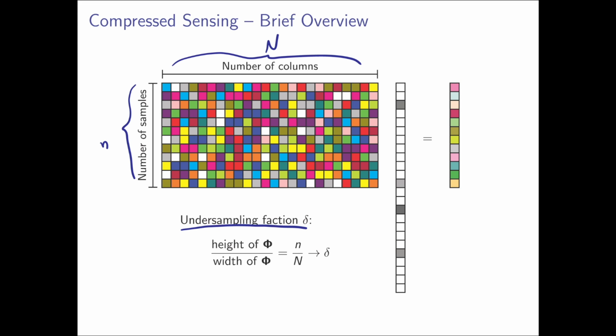Since this is an underdetermined system of linear equations, the width of Φ is always greater than or equal to its height, and as such, δ is a number between 0 and 1. In the asymptotic regime, the height and the width of Φ become large, with their ratio converging to constant δ. We know that if we admit more samples, then the problem becomes easier because we can always disregard observations.